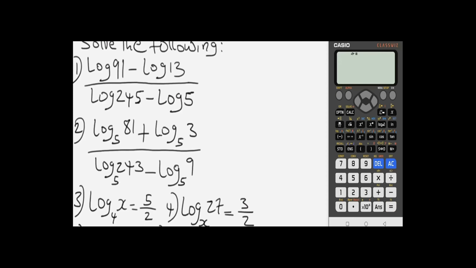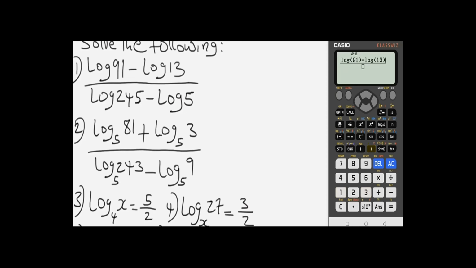In fraction we have log. So we are going to make use of this log button. You press shift and this button. We have log 91, close the brackets, minus log, shift and this button 13.